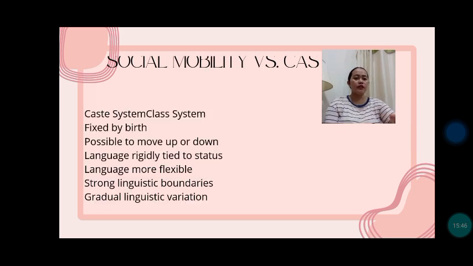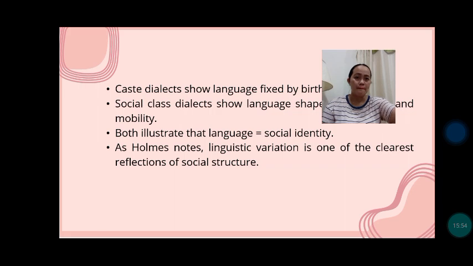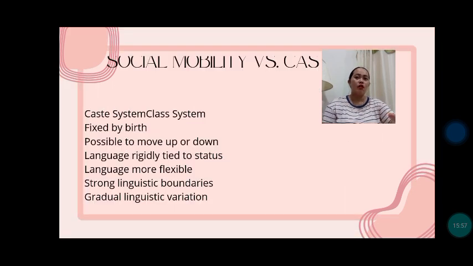Next, social mobility versus caste fixity. Let's compare caste and class systems more directly. In a caste system, your position is fixed by birth, so your language use is rigid and rarely changes.